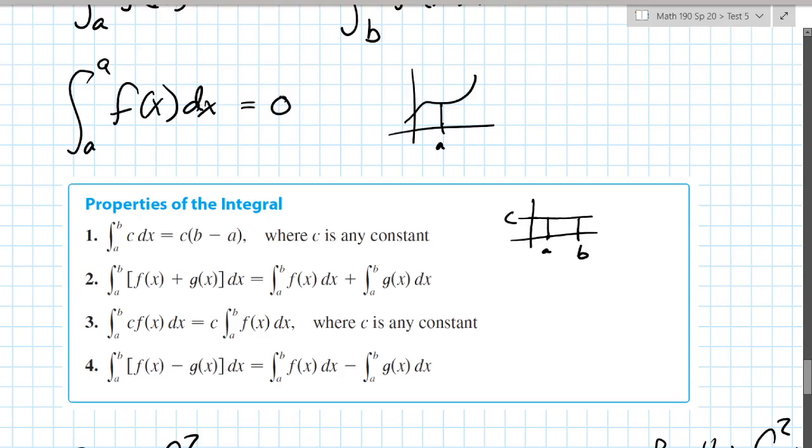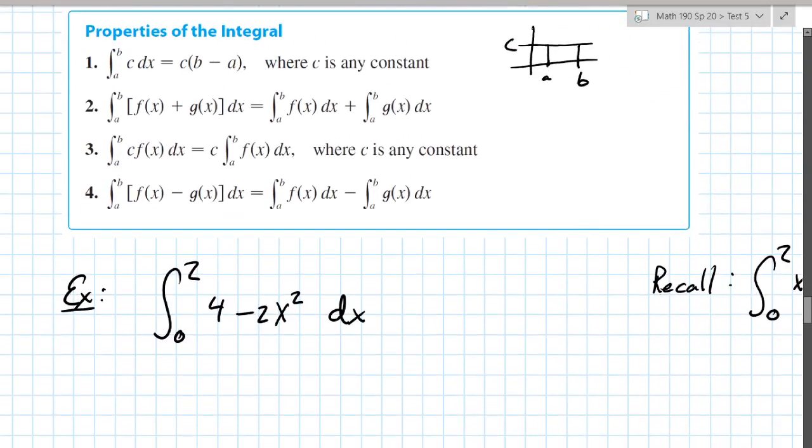These all go back to the limit of the sum definition, because if you're thinking about the definite integral as a limit of a sum, you can split up a sum of a plus b as the sum of the a's plus the sum of the b's. We saw that when we were talking about the summation rules. And then if you think of number 3 as the limit of the sum, again, if you have a constant factor of c, we can factor that constant out.